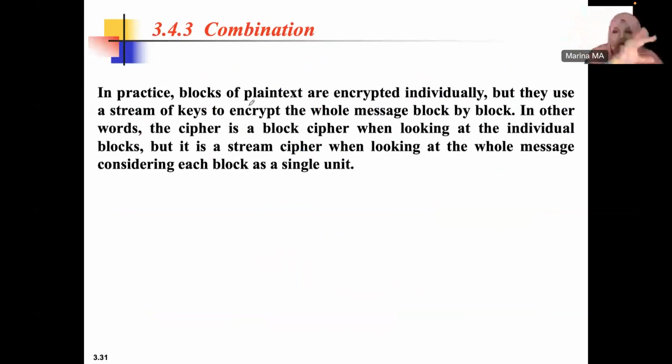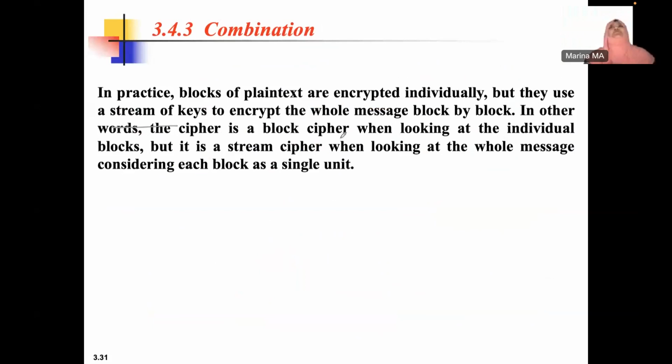First block using the same key, second block using the same key, third block using the same key. But they use a stream of keys to encrypt the whole message block by block. In other words, the cipher is a block cipher when looking at the individual blocks, but it is a stream cipher when looking at it as a whole message.